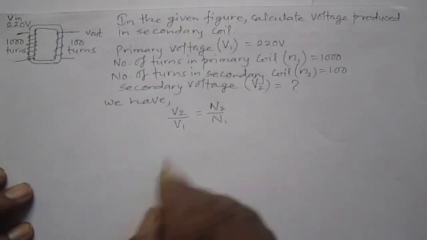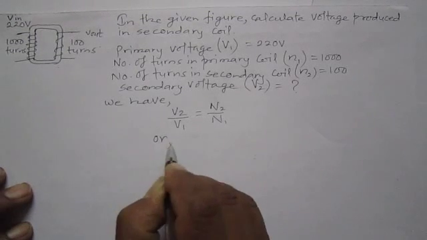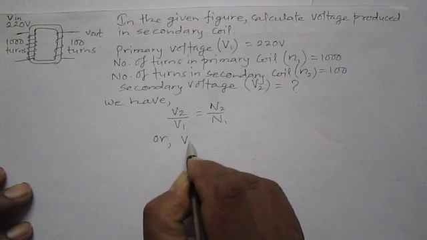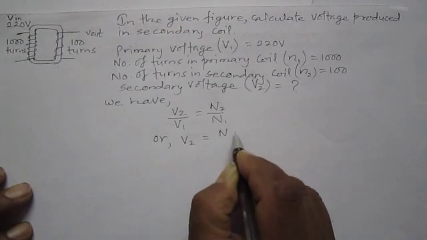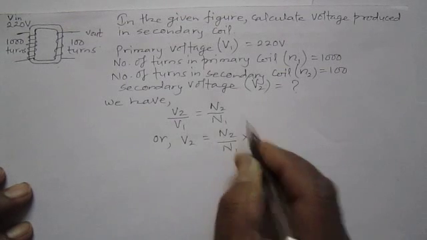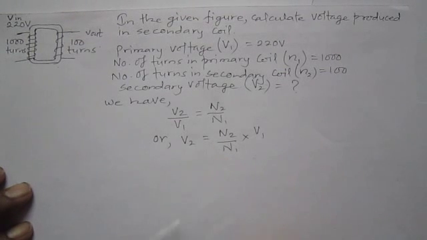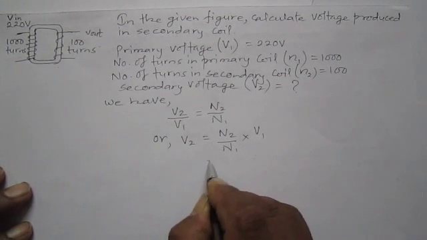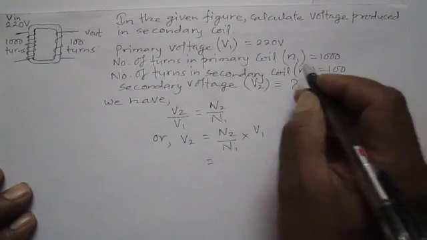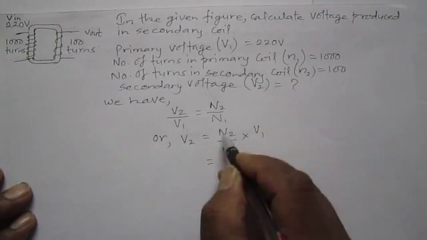Now, taking all the information in this equation, we can solve the numerical problem. V2 is equal to N2 upon N1 multiplied by V1, if V1 is taken to the right hand side, and this is equal to N2 given here. We can take a small letter or a capital letter.